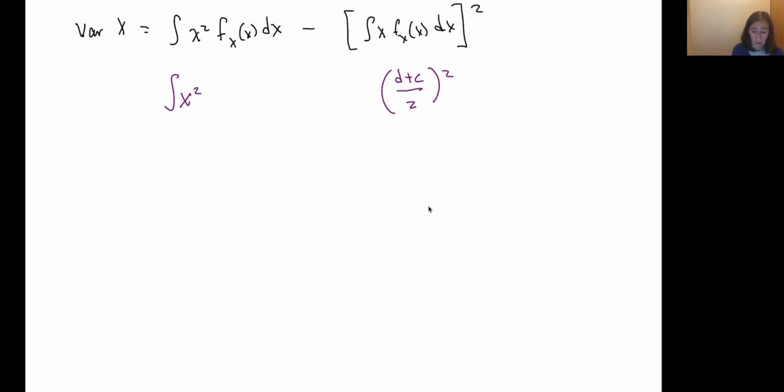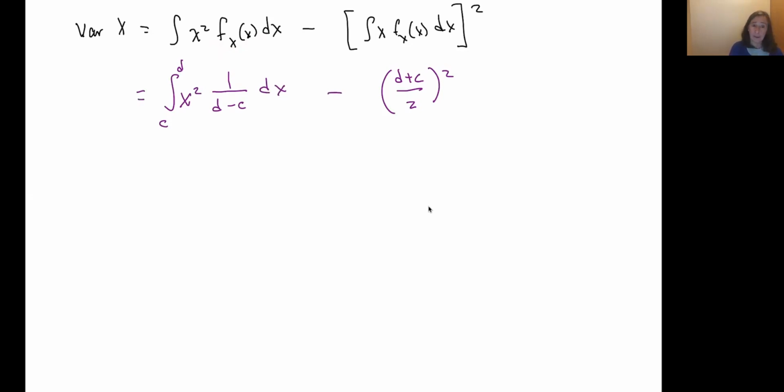The only part that we're getting specific about is what is the PDF, what random variable are we talking about. No matter what it is, we're going to have to square it to find the variance. And so what we're substituting there is 1 over (d minus c), over the range c to d. So that's all the information that we're taking from the PDF with respect to x.